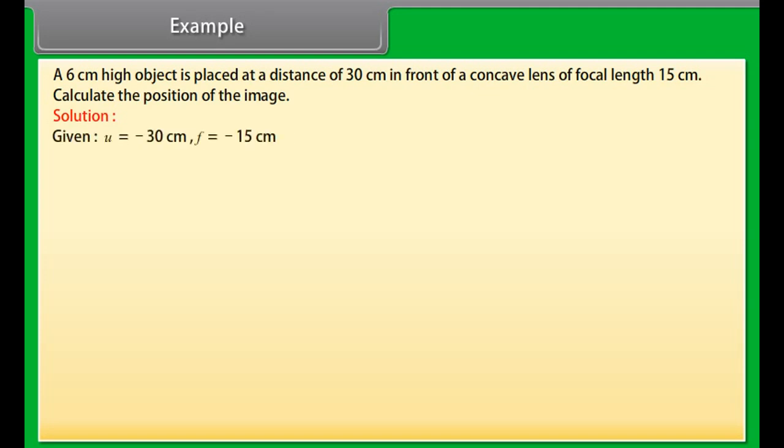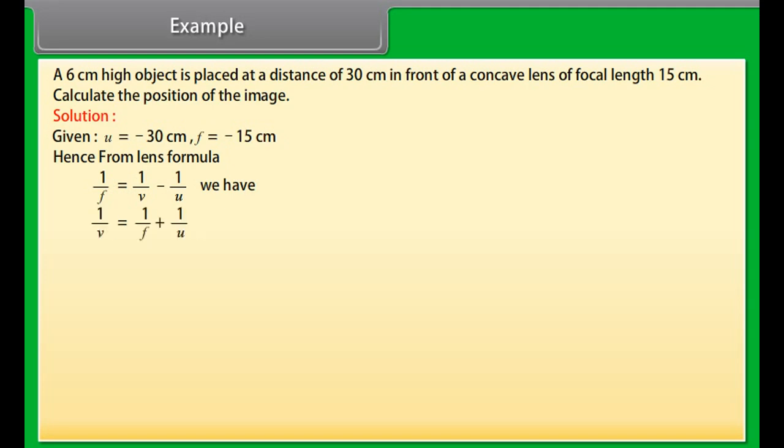Solution. Given U is equal to minus 30 centimeters, F is equal to minus 15 centimeters. Hence, from lens formula, 1/F = 1/V - 1/U.